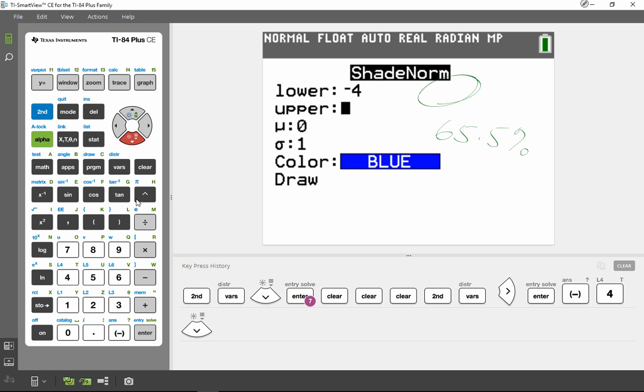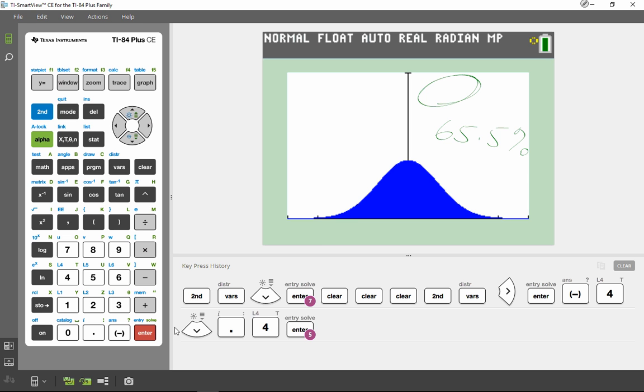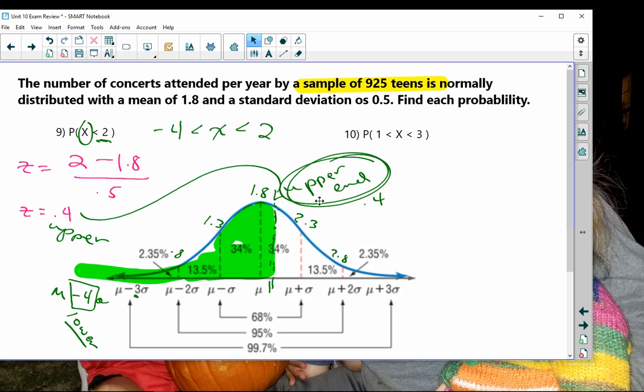What's my upper? And if you notice, it says the area. That's your percentage right there. Exactly.